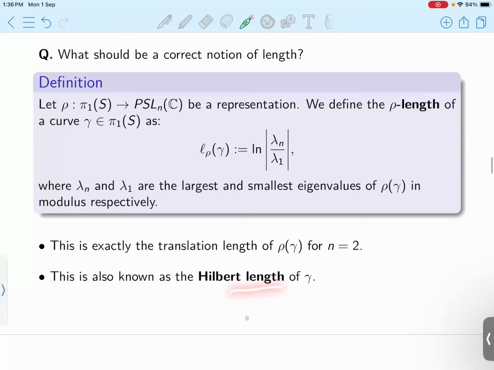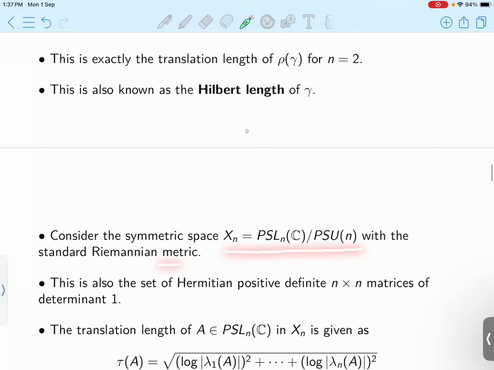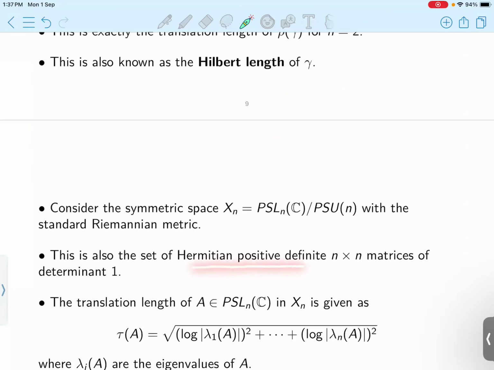Now also consider the symmetric space PSLnC mod PSU(n) with the standard Riemannian metric, which is also the set of Hermitian positive definite n by n matrices of determinant 1.